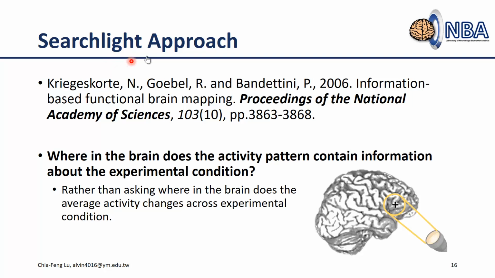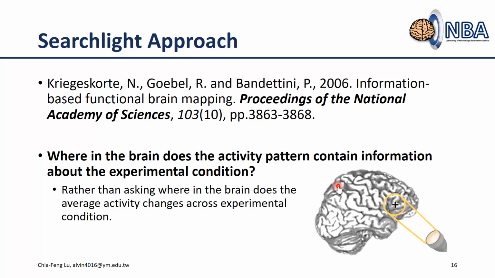So the Searchlight approach is trying to iteratively or repeatedly perform the classification or machine learning approach by moving your feature set. That means in the very beginning, you may start from this voxel group right here. You use them as the feature set to perform the analysis.